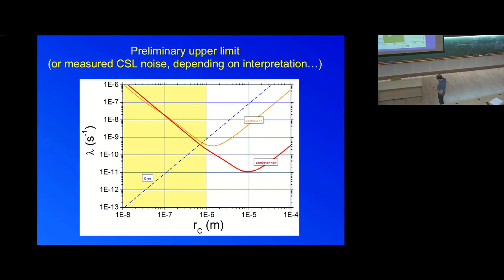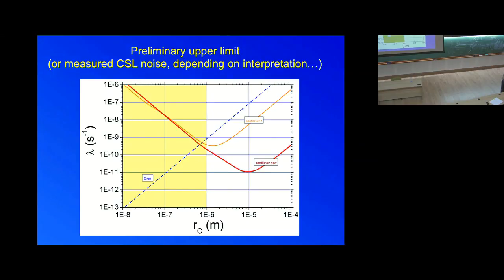Of course, any claim related to CSL is at this moment very preliminary. The only thing you can say is that it is consistent. So far, the only reasonable explanation seems to be CSL, but there could be any other kind of effect which you have not been able to find.